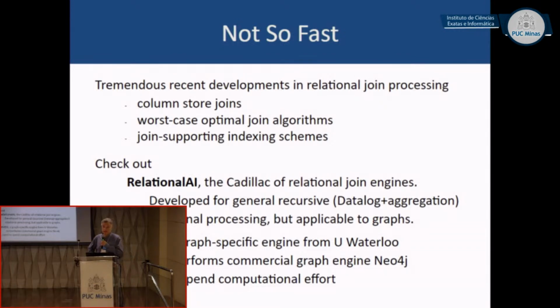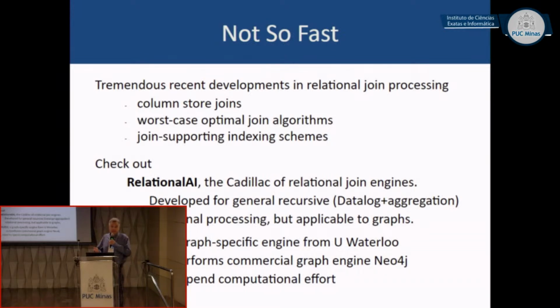As a matter of fact, among the important figures you have Hung Ngo and Mahmoud Abo Khamis, who are among the parents of worst-case optimal join algorithms. They work with Dan Suciu and Leonid Libkin and Dan Olteanu, who are all other highly visible database researchers. They have a bunch of best PODS paper awards under their belt on this very topic. So there is a lot of promise in this approach to querying graphs.